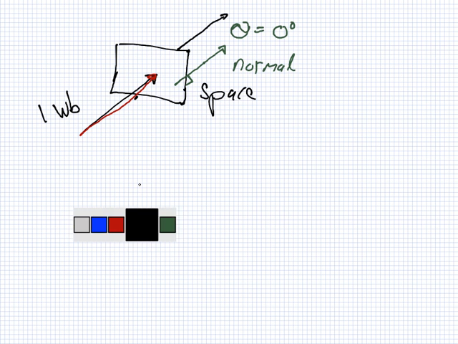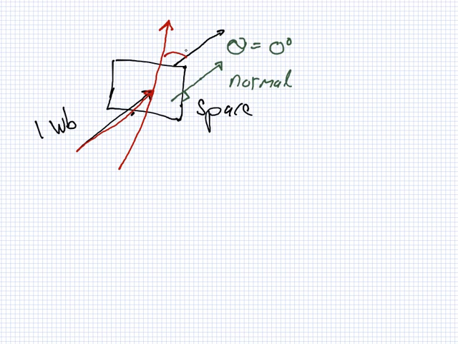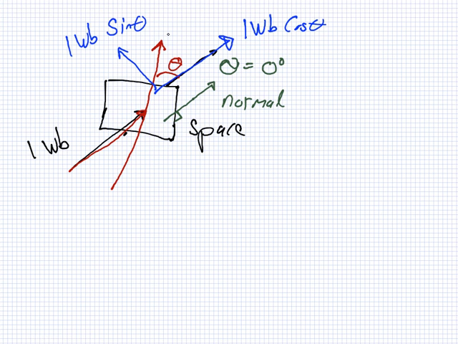But then what happens if you change the angle a little bit? So let's say we have the field and it goes this way, at an angle. There's a theta between the two. Well, again, we resolve. So this one here would be the flux cos theta, and this one here will be the flux sine theta.